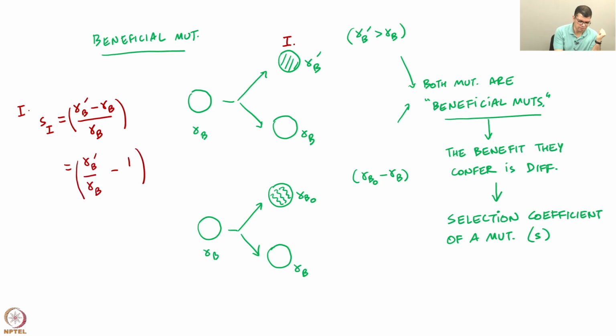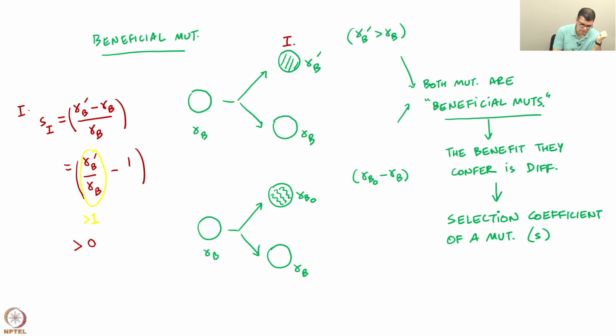So, this is the fitness of the new individual divided by fitness of the parent individual minus 1. And because we are saying that this was a beneficial mutation, fitness of the new individual is obviously going to be bigger than fitness of the parent individual. Hence, this ratio here will obviously be greater than 1. As a result, RB dash by RB minus 1 is going to be greater than 0.